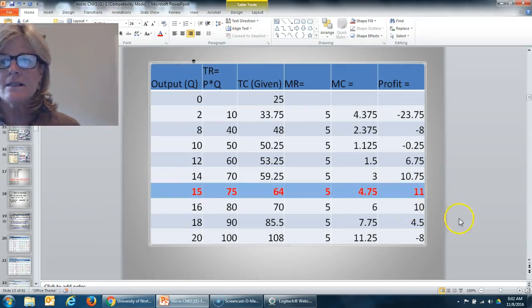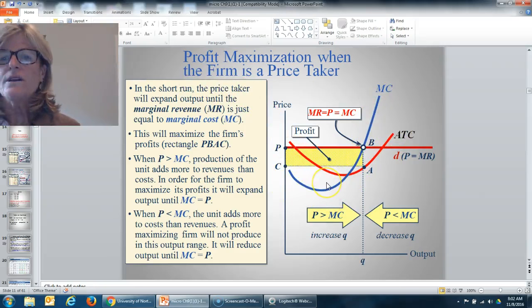Now let's do it graphically. So we've got my average total cost and my marginal cost, right? How do we find Q star graphically?